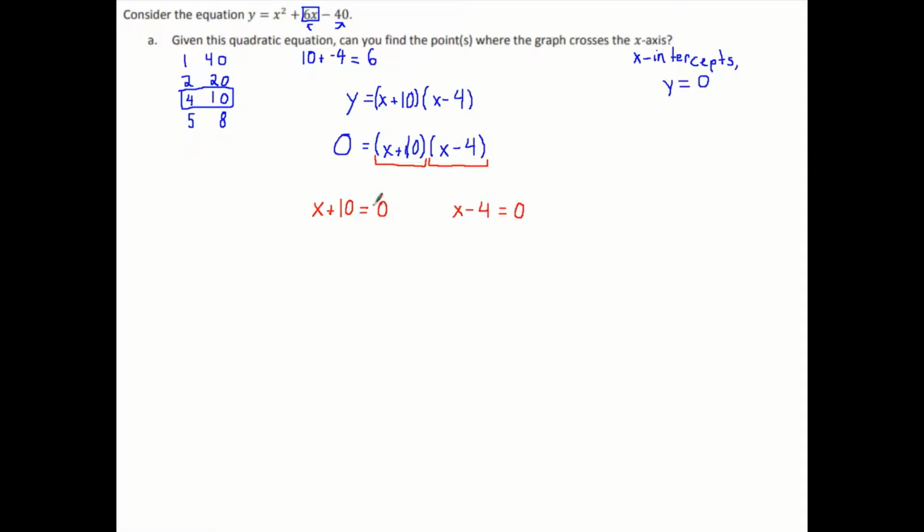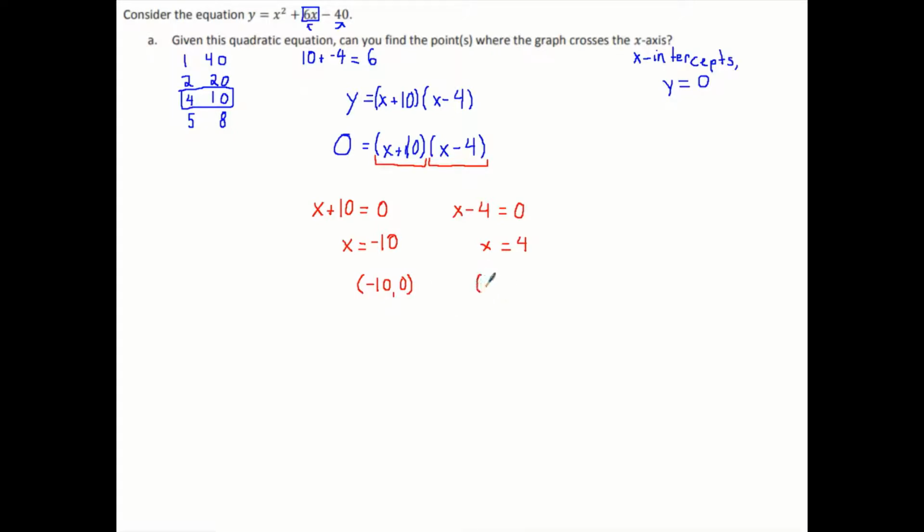Luckily, these equations are super easy for us to solve. It's going to be x is equal to negative 10, and x is equal to positive 4. So now we've got our two x-intercepts. X is equal to negative 10, so I have negative 10, 0.